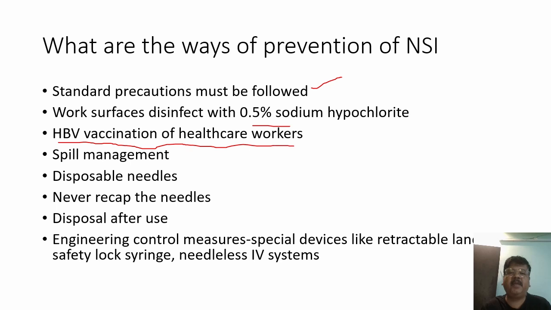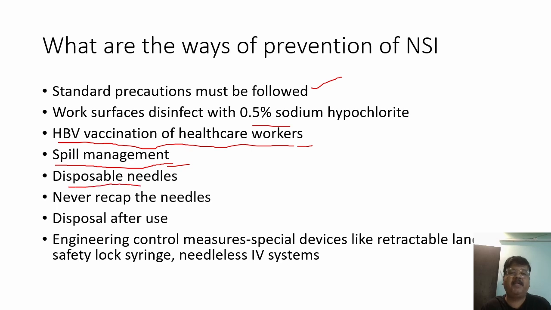Some institutes will ask for the hepatitis B vaccination certificate for the healthcare workers. Then proper spill management: all the wards and all the places in the hospital should have a spill management kit, and all the healthcare workers, especially housekeeping staff, should be trained in spill management if a spill suddenly occurs.